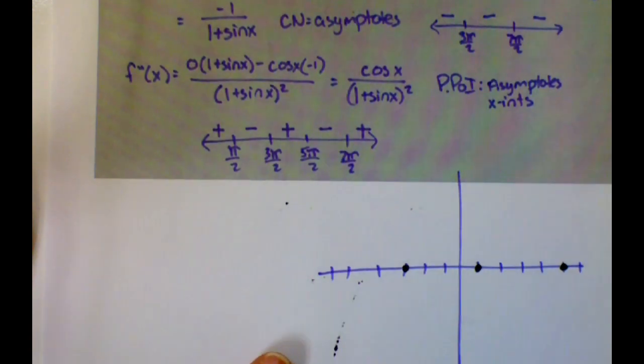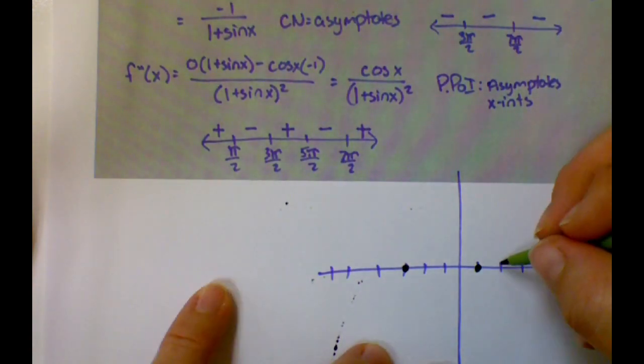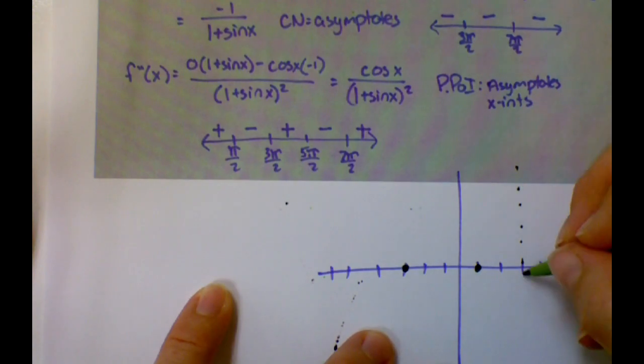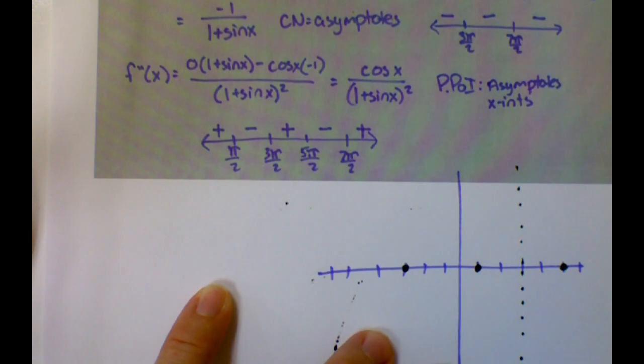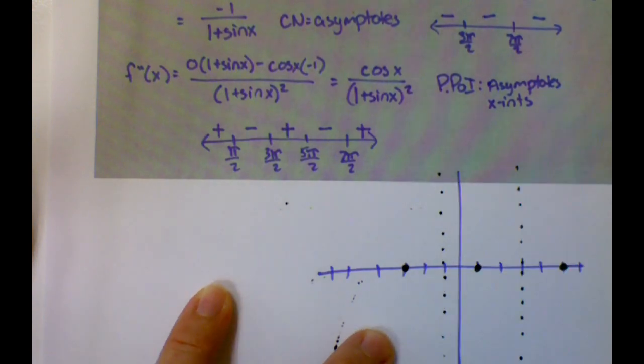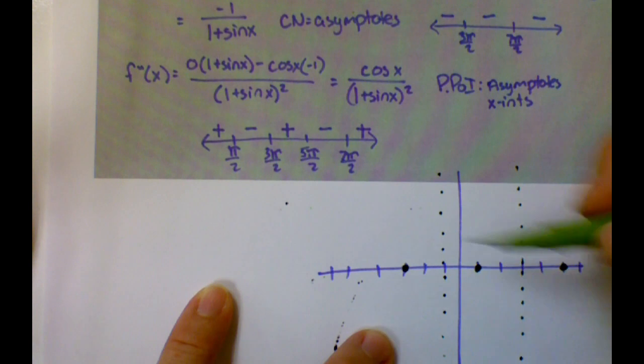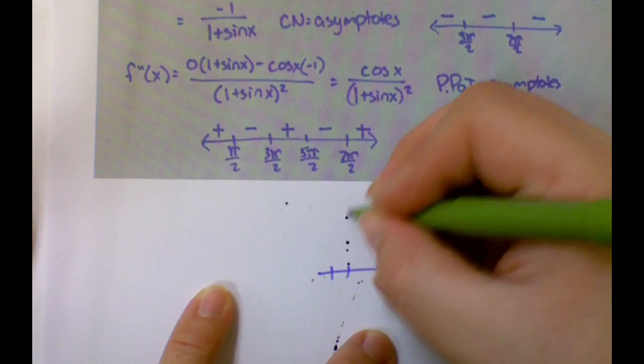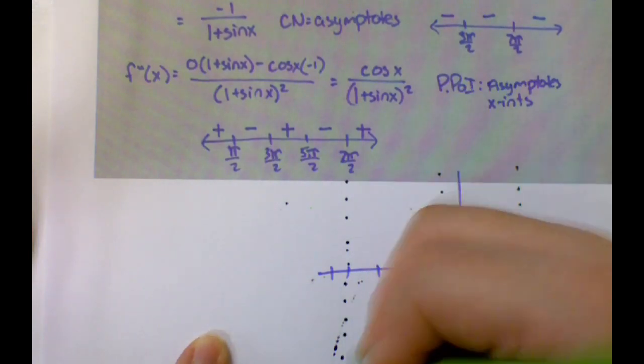There we go. I have asymptotes at 3 pi over 2, which is here. And I'll have an asymptote at negative pi over 2, which is here. Also have one over here because of the way I drew my graph.